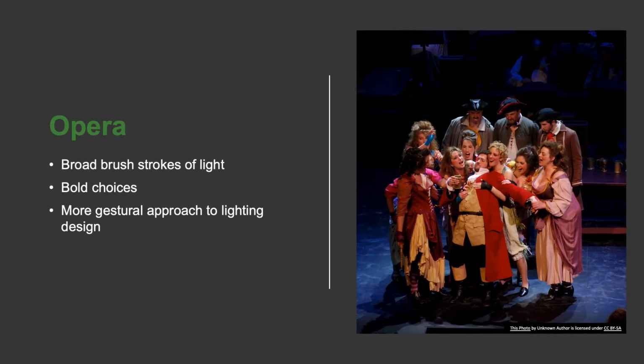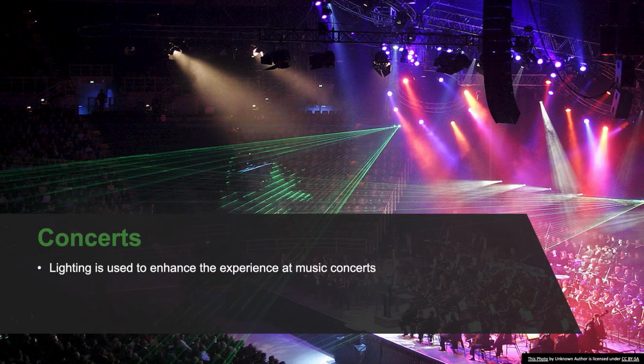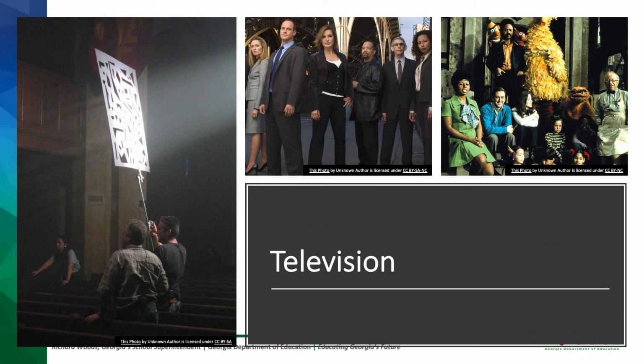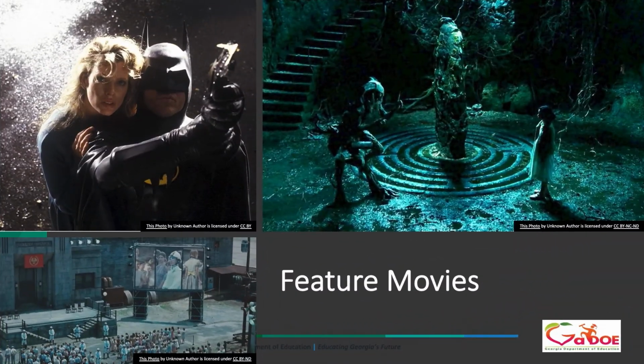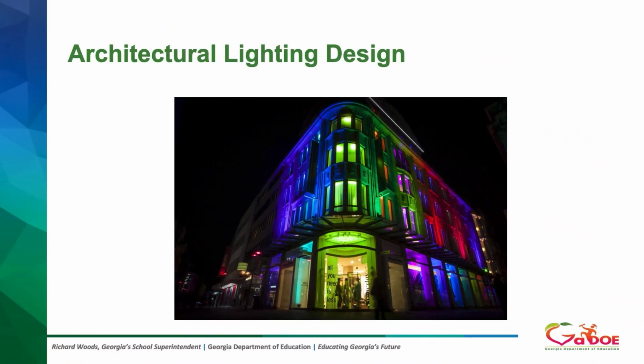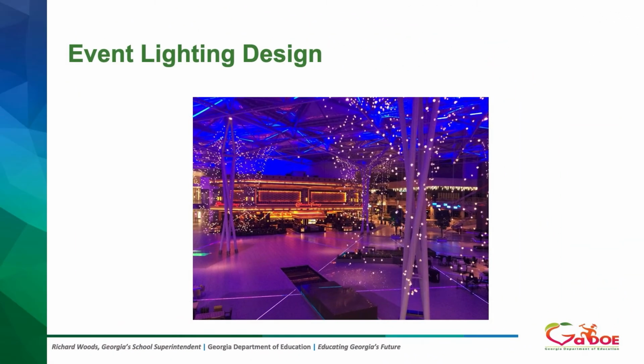Broad brushstrokes, and these often include bold choices and more gestural approaches to lighting design. Concerts. The lighting is used to enhance the experience at music concerts, and also in television, as well as film and featured movies. Lighting has also been used as a form of visual art, as well as architectural lighting design, even event lighting design.